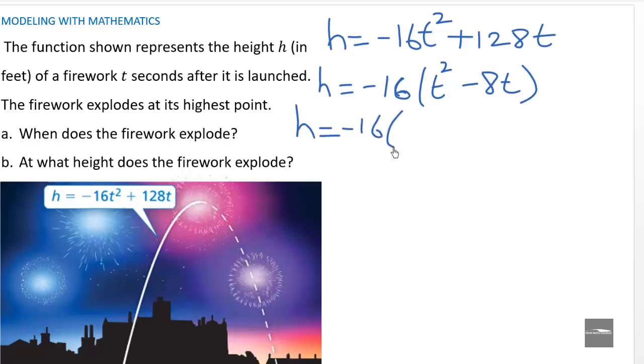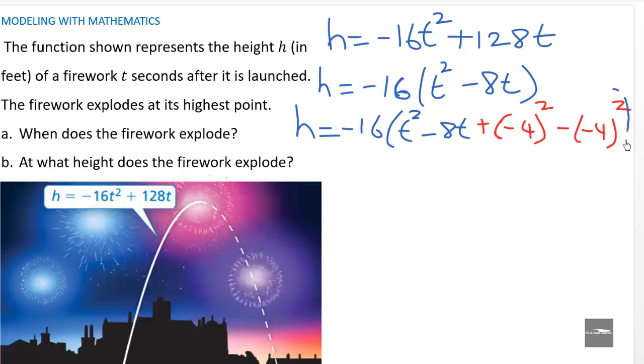So we will add and subtract the square of half of 8. So half of negative 8 is negative 4. So we square that result and add, then we subtract the same thing.